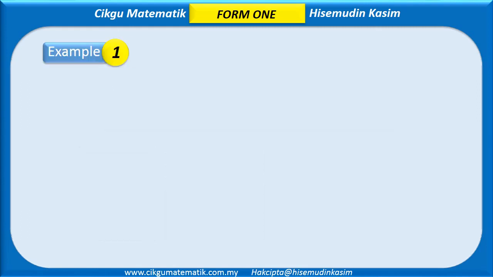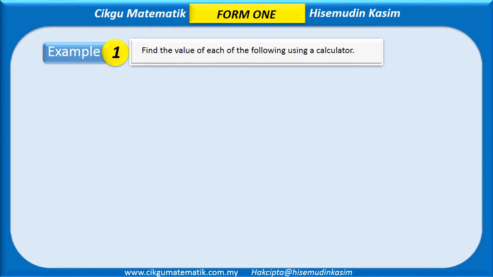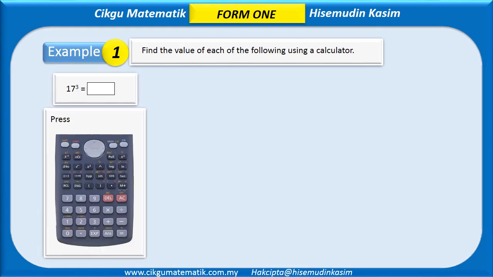Example 1. Find the value of each of the following using a calculator. 17 cubed. Press 1, 7, cube, equal: 4,913. Negative 3 over 8 cubed.